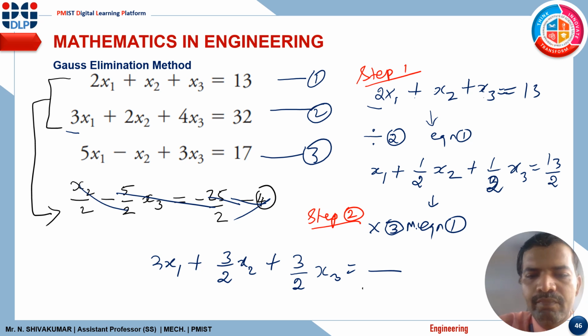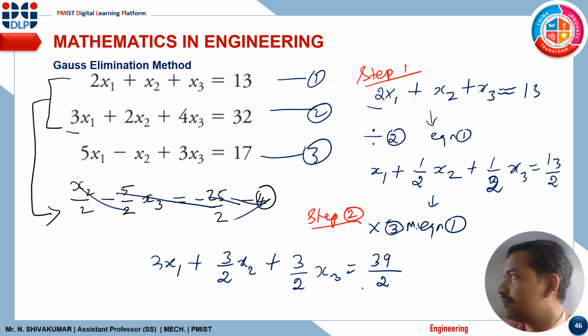When we multiply the 13 by 3, it is 3 into 13, it becomes 39. 39 divided by 2. All of you understand so far? Okay. So this is step 2. So what I did here, I equated the x1 values in both equation 1 and 2. So that is the idea. So everyone clear? Noted? Now I have to move to the next slide.